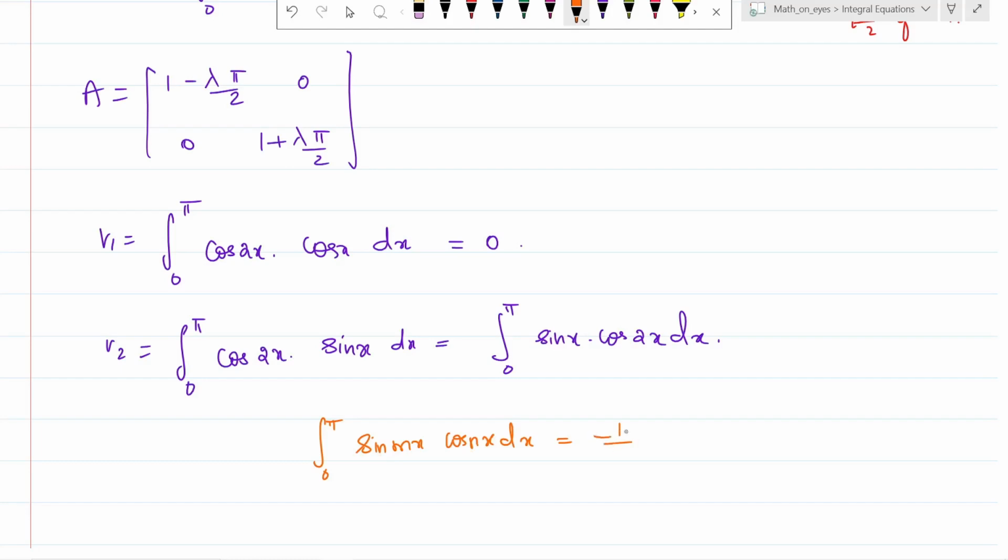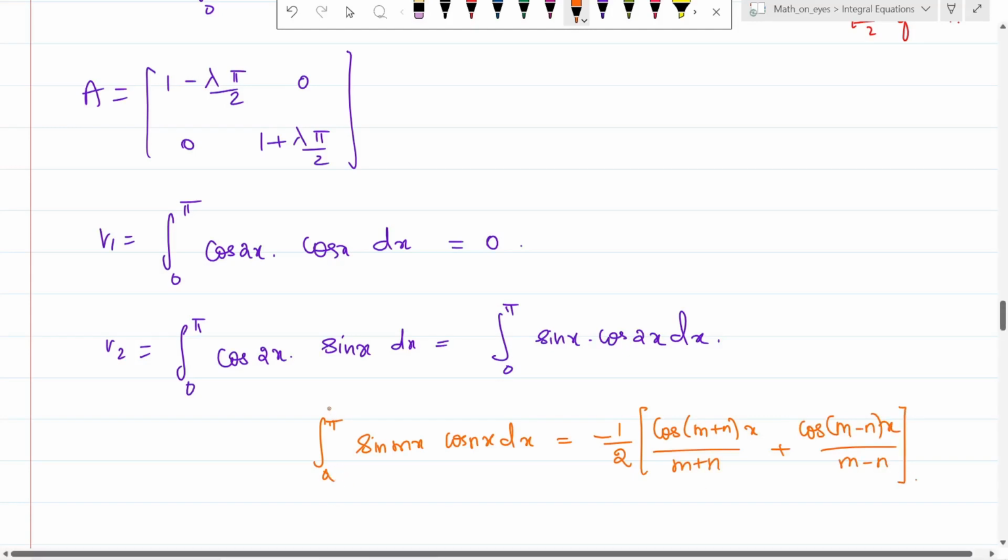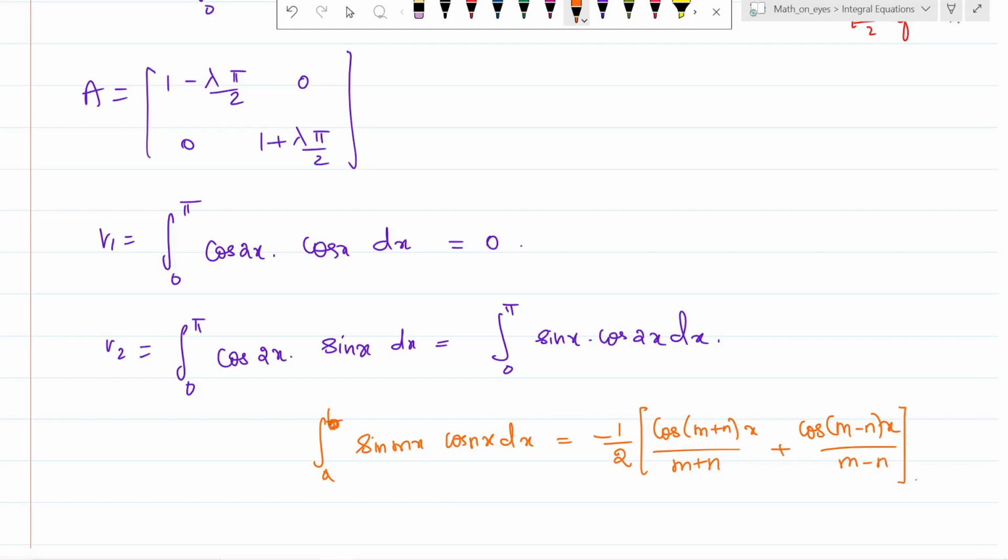So the formula is minus 1 by 2 of cos of (m plus n) x divided by m plus n, plus cos of (m minus n) x divided by m minus n. This is for whatever be the limit a to b. So we find this.